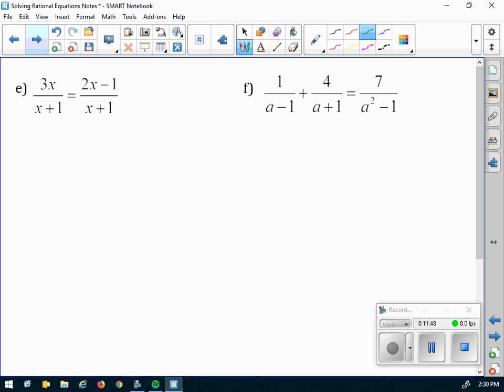I could cross multiply if I want to, because I've got one fraction on each side. But the denominators are already the same, so the top has to be the same. Which is easier? You want to just let the numerators equal since the denominators are already the same? Subtract 2x, what am I going to be left with?